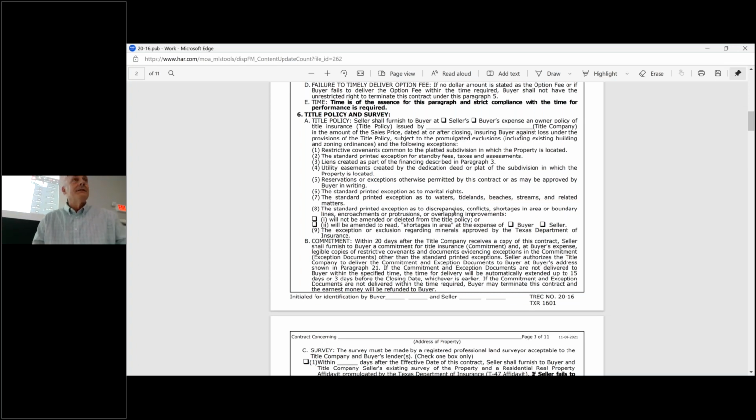What they're saying is the title company is going to defend the owner's right of ownership, right? The new buyer's right of ownership, unless it has to do with one of these issues. If it's a protrusion, if it's an overlapping improvement, my neighbor put his shed over the boundary line, that's an overlapping improvement. Title company says we're out.